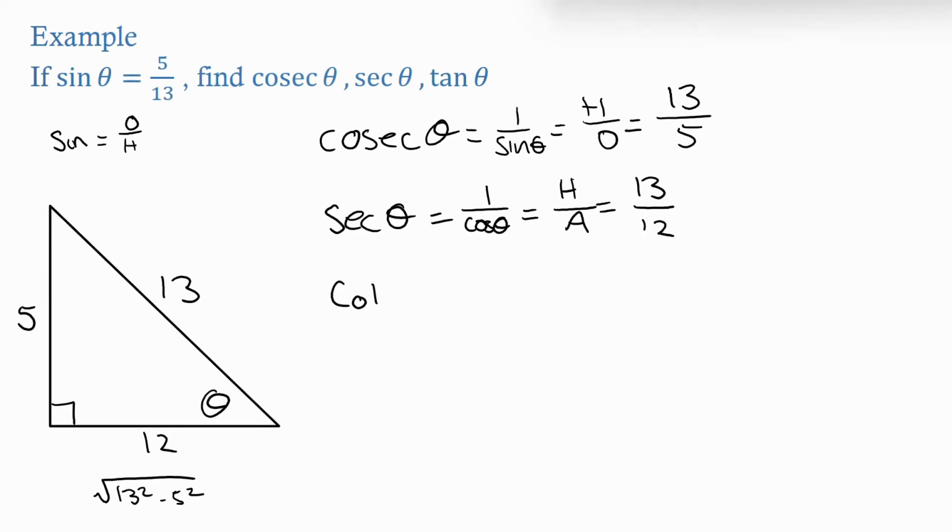And then cot theta is 1 over tan, or A over O, which is going to be 12 over 5. Okay, so start by creating a triangle from the information you're given, and then using that triangle find your other unknown side, and then you've got your formulas you can just substitute your values into.